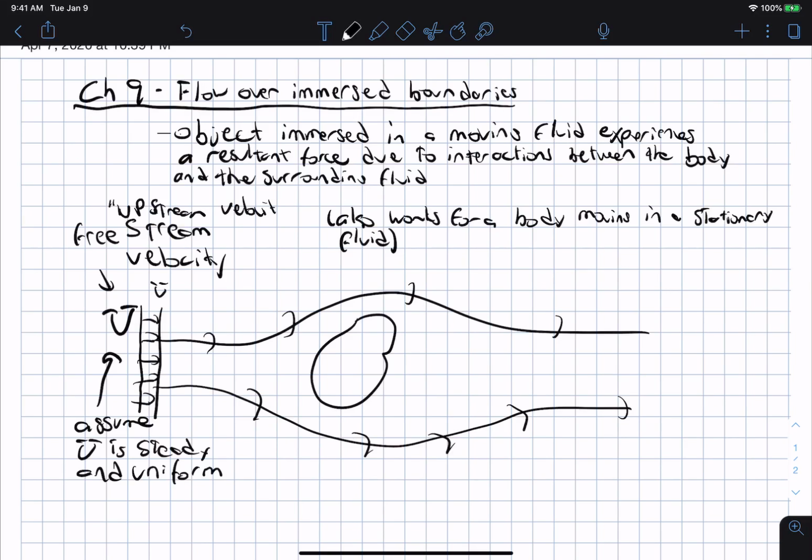So the free stream is an upstream velocity, and this is the downstream side. And this is our object. Due to the fluid moving around the object, there is a net drag force on the object.